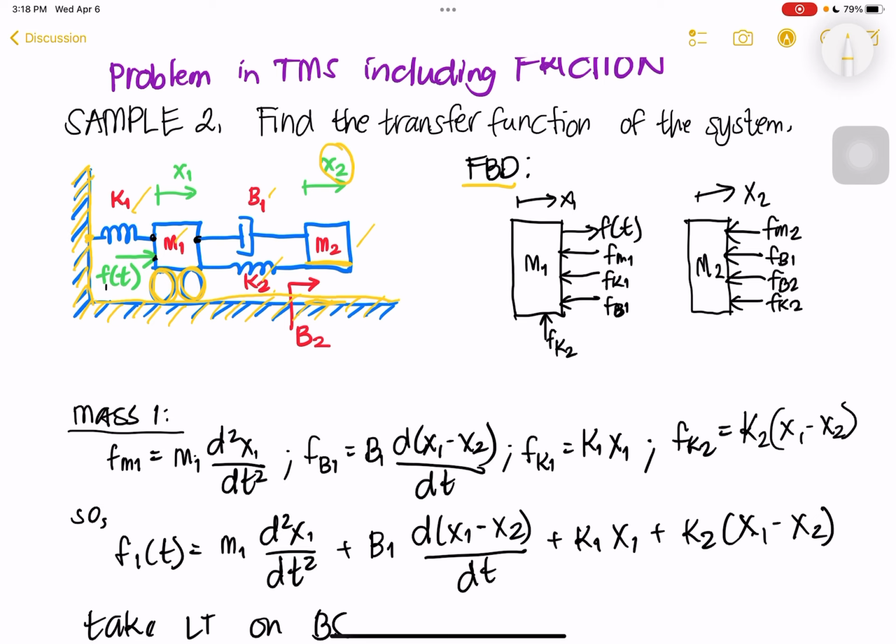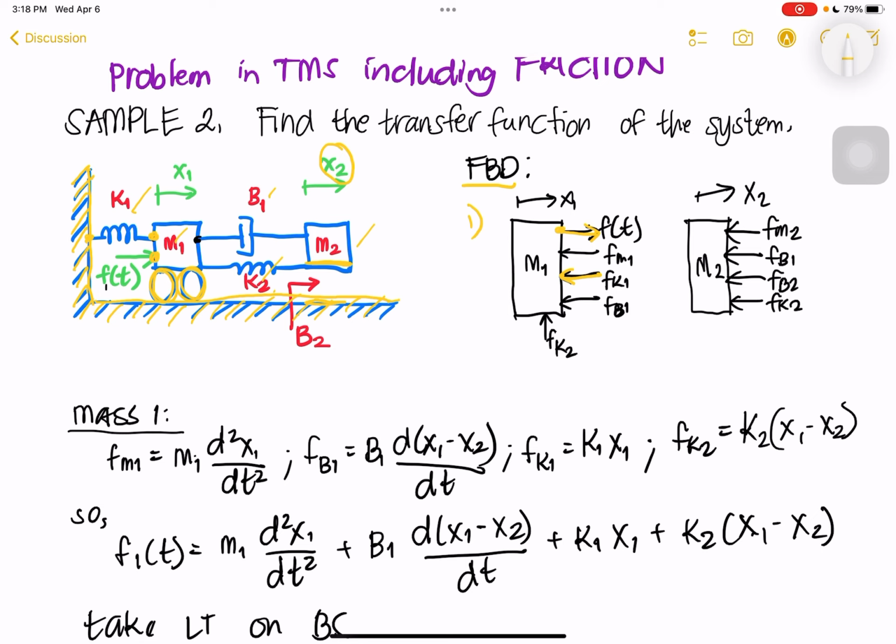First, for M1, let's check on all the forces connected or applied to it. For M1, we have F of T, which is the external force. We have F of K1. Again, the direction of the force will be different from the applied force because FM, FK, FB are the opposing forces.